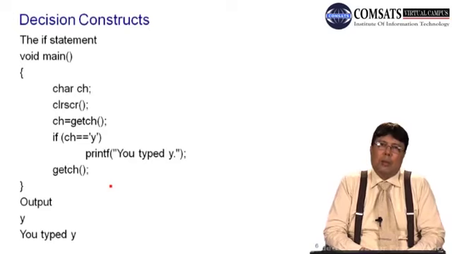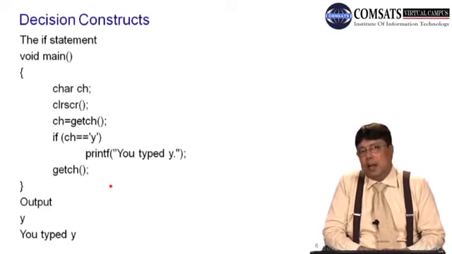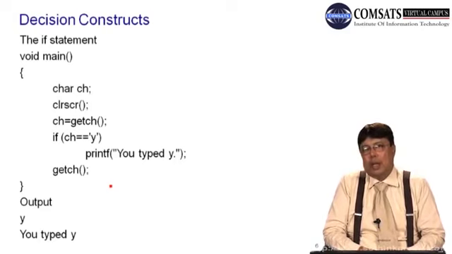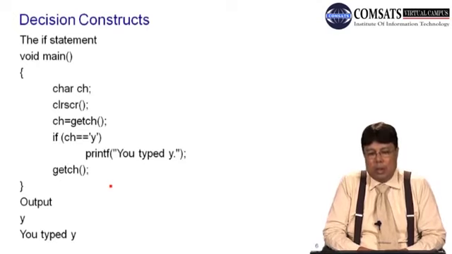For example, when you get up from your bed, you check the time. If you are getting late for your class, you have to take a decision. You decide, okay, I'm going to skip lunch. You encounter a situation where you are required to take a decision.